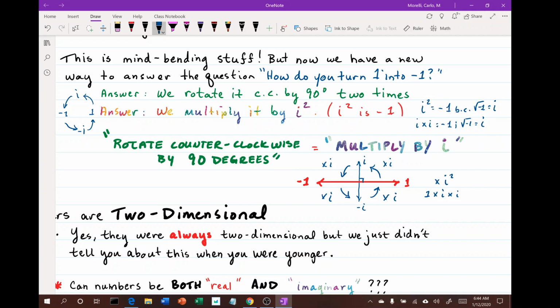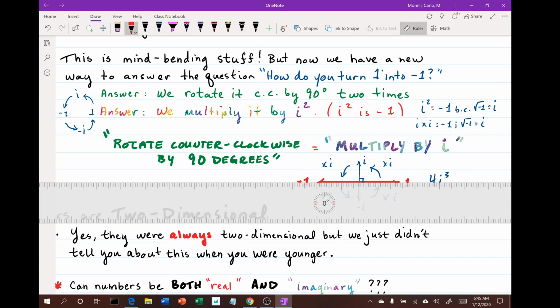So you can actually do this with other numbers. Let's say you started with 4, and you wanted to multiply 4 times i cubed. Well, where would you be? You'd start at 4, so you'd be further out on this number plane.